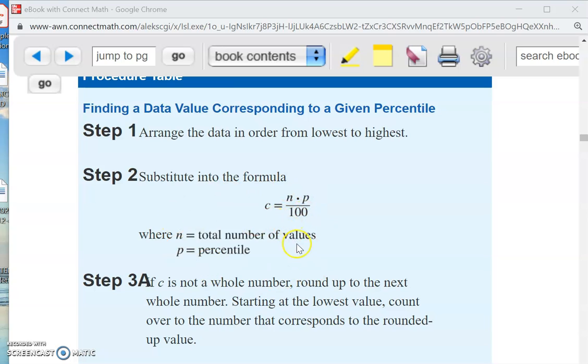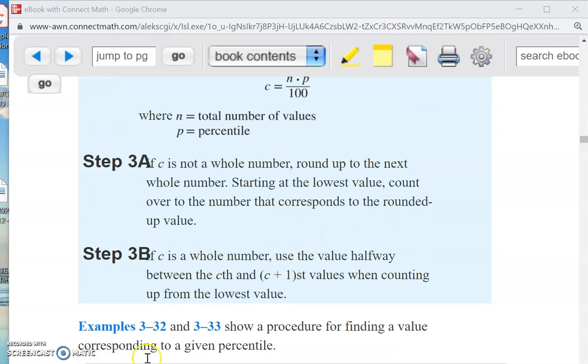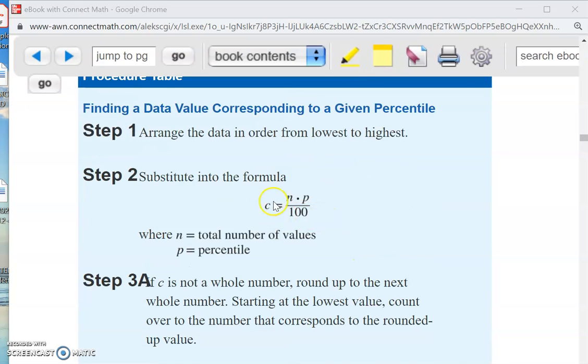So this formula right here, that C, I'm just making up a name here. I'm saying that corresponds to like a coefficient, and then P is the percentile you want. So if you want the 25th percentile, you put in P is equal to 25. If you want the 50th percentile, you put in P is equal to 50.